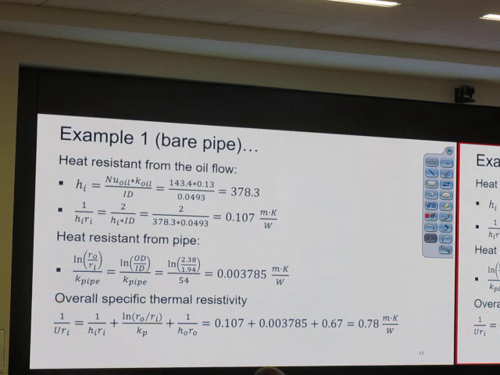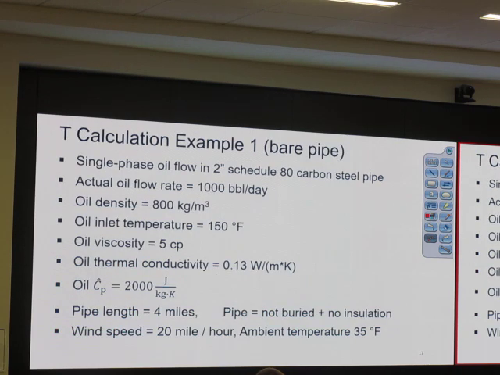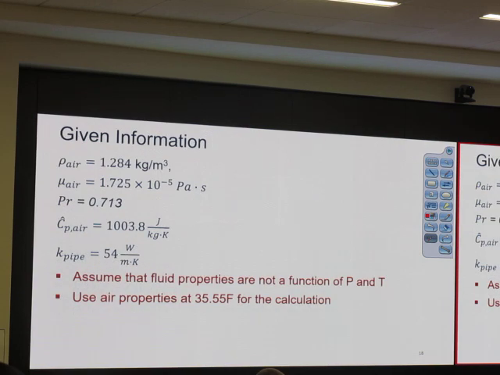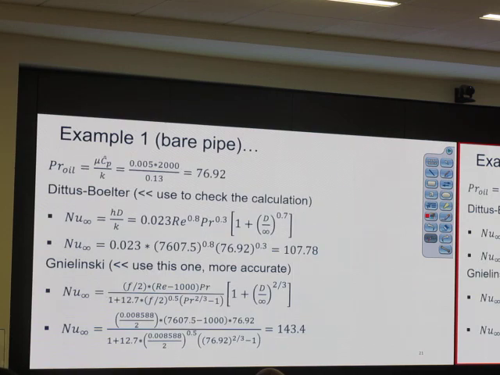So the calculation steps: number one, know the fluid property and the flow property. Number two, calculate the Reynolds number inside, Prandtl number inside, Reynolds number outside, Prandtl number outside. Then plug the values into either Dittus-Boelter or Gnielinski for the case of turbulent flow to get the inside Nusselt number. This is just to get the inside Nusselt number for the case of far away from the inlet.